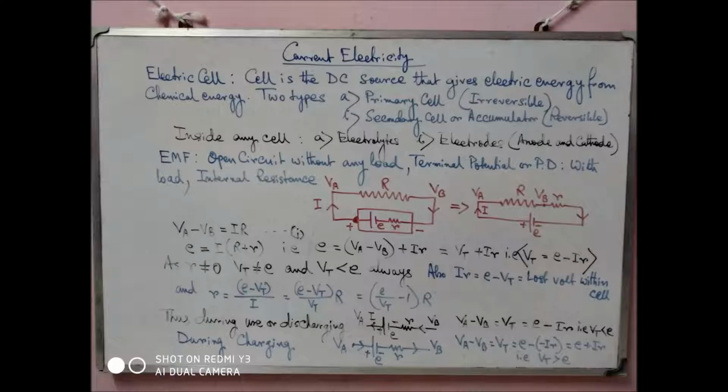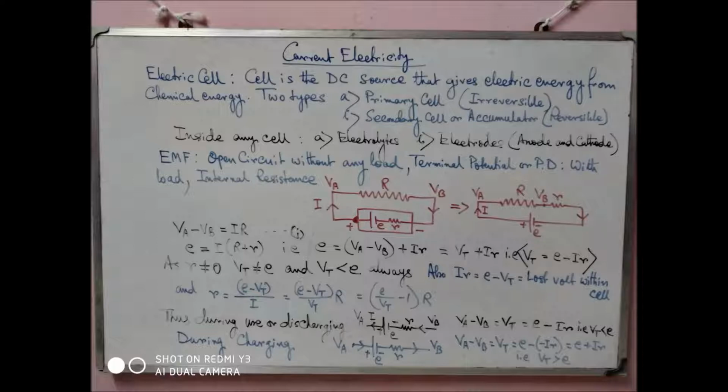That is, that chemical energy is dissipated and gradually the cell is of no use. After some time we just throw the cell because it is totally exhausted. That means the entire chemical energy is converted to electrical energy.